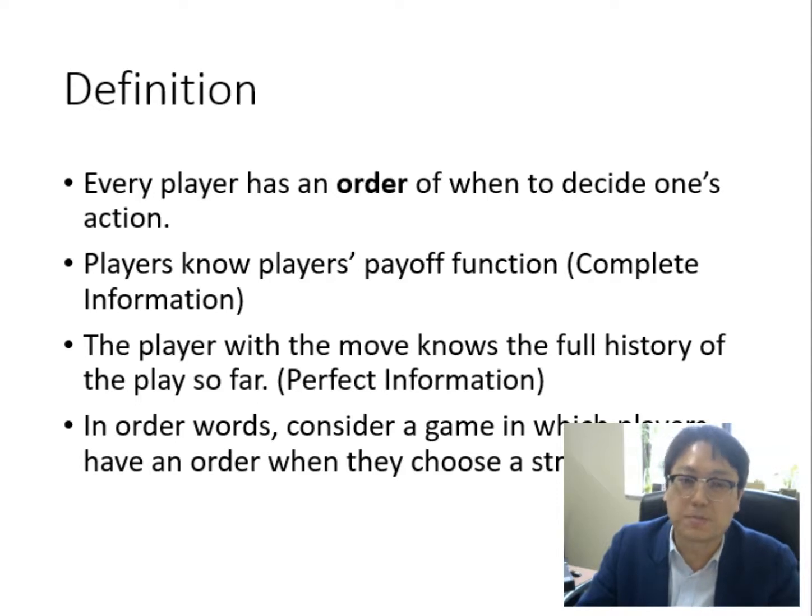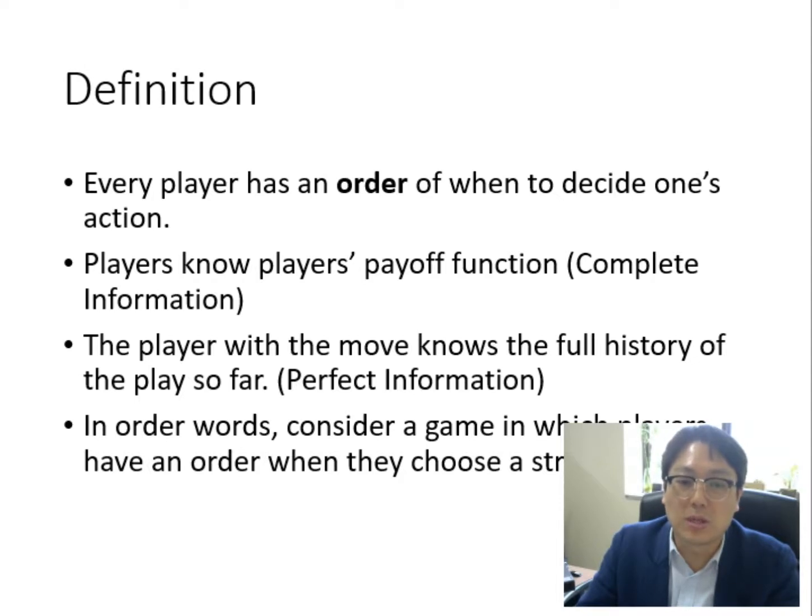But here, each player has an order. So when one player moves, that player will know what strategy the others chose. Also, there is a payoff function. Players know the other players' payoff functions. The player with the move knows the full history of the play so far.